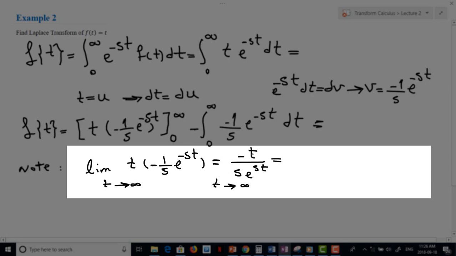In this case, we have infinity in the numerator and infinity in the denominator. In order to solve it, I use L'Hopital's rule.